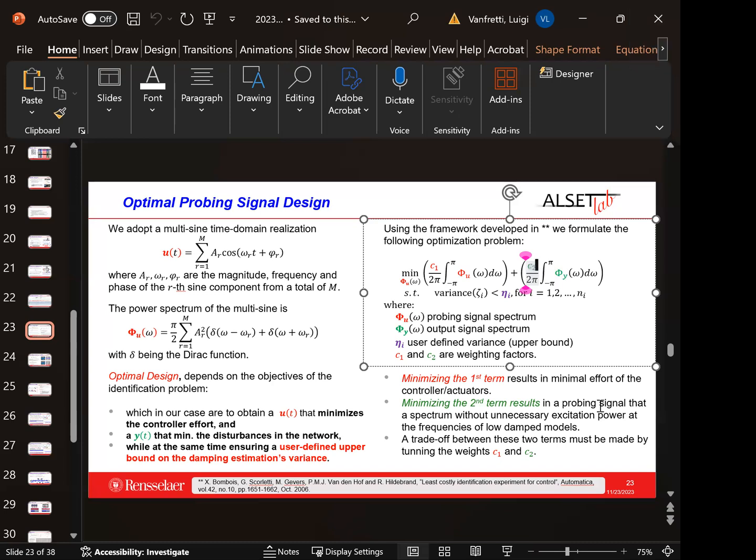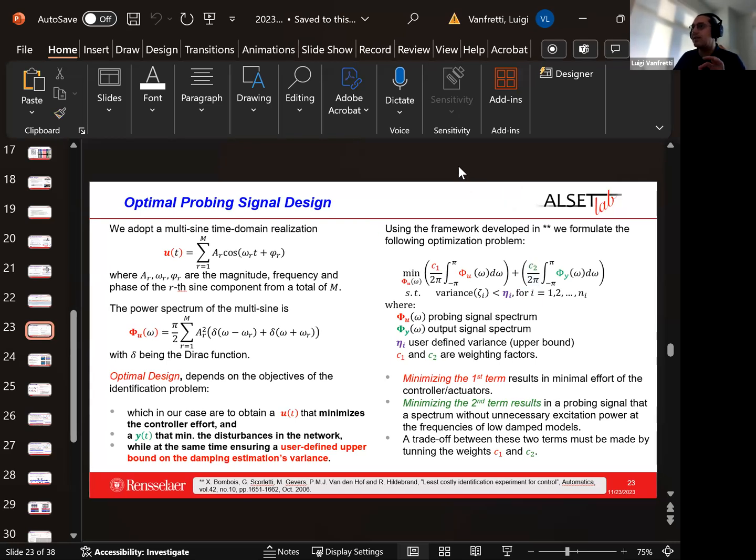Are C1 and C2 two scalars? Yes, they are. You have a scalar weight. Okay. So you have two predefined power spectral densities, and you just compute two parameters, C1 and C2, right? No. You select C1 and C2.